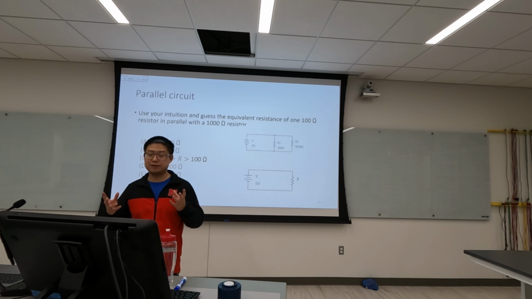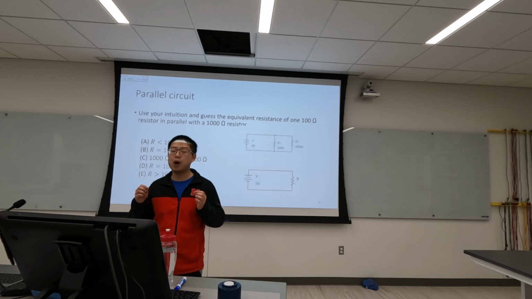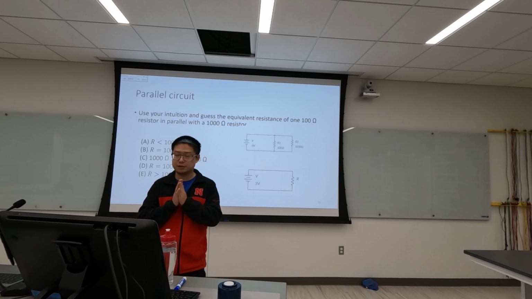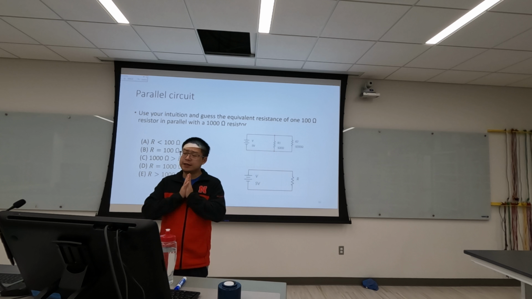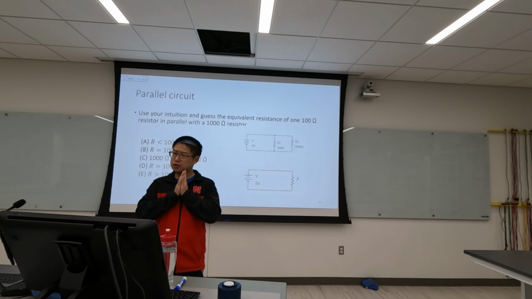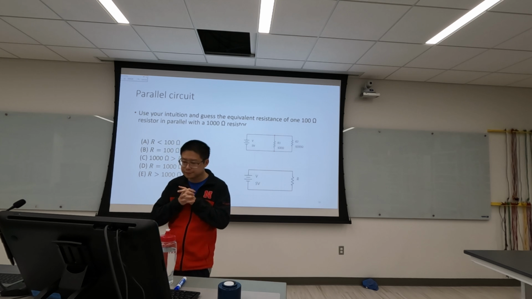So we have the original circuit, R1 and R2 are in parallel, and we use one resistor as the equivalent in the equivalent circuit. So here, use your intuition and guess the equivalent resistance of one 100 ohm resistor in parallel with a 1000 ohm resistor.